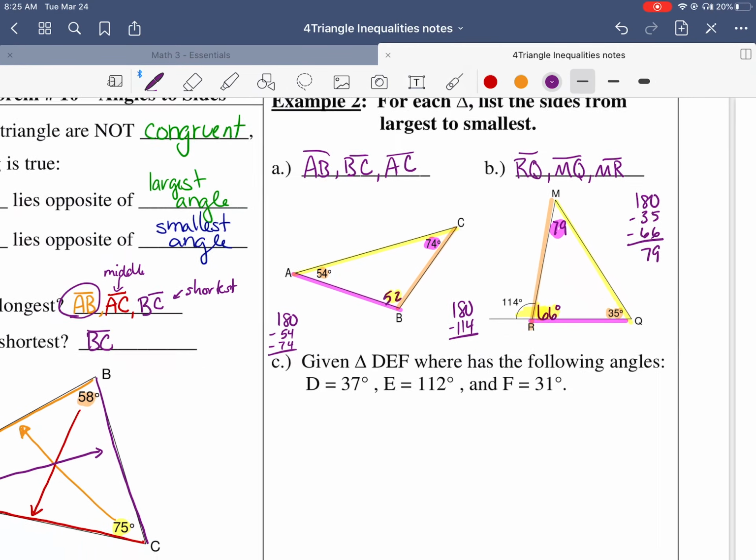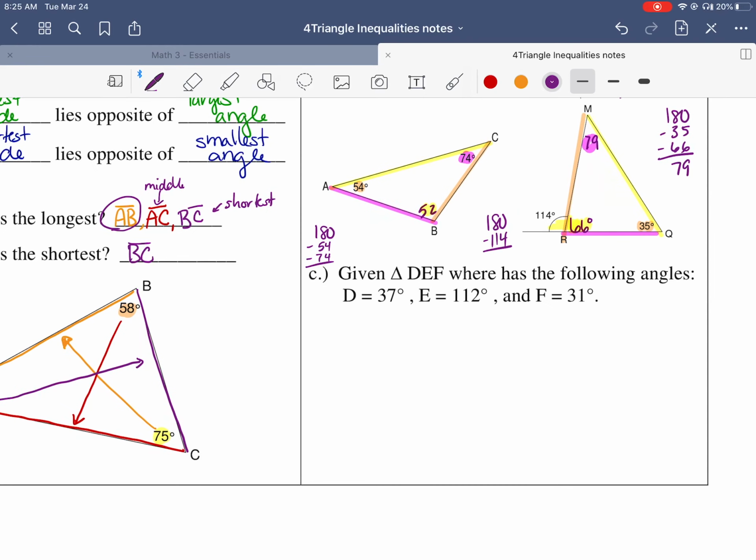Last but not least, C is the same idea. You could draw a picture. I'm just going to draw it real quick so that you can see it. Obviously, my picture is not drawn to scale, and that's okay. A lot of times these pictures won't be, so don't go by the pictures and assume.